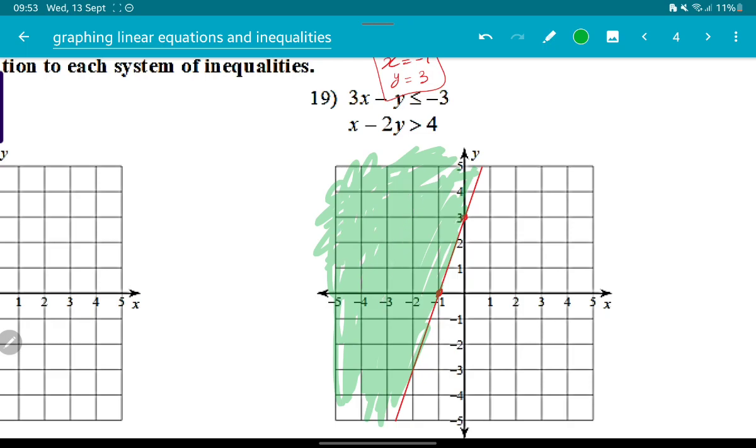Now the second inequality. Cancel x, y will be negative 2 because 4 divided by negative 2. Cancel y, x will be 4. X is 4, y is negative 2.